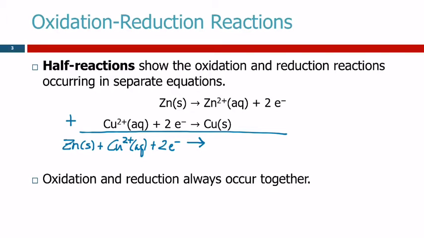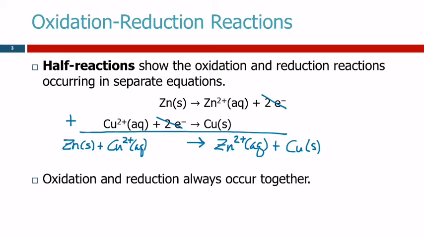So instead of writing the electrons in there, we cross those out. They essentially cancel out. And then in our products, we're going to have zinc 2+, aqueous, and copper solid.